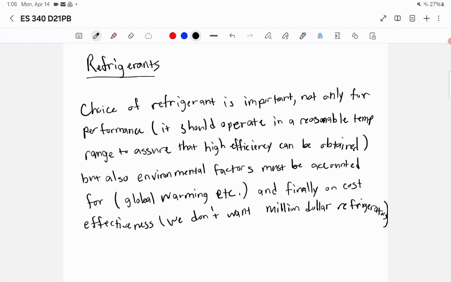Okay, so we left off last time discussing the design of vapor compression systems. However, the vapor compression system has to have some kind of working fluid. Now, as I think I've already mentioned earlier in the course, because I wanted to highlight how certain people are thinking about the future of, say, heat pumps and stuff, there are techniques that are available that do not require the use of a working fluid.